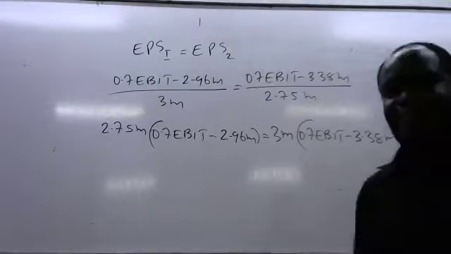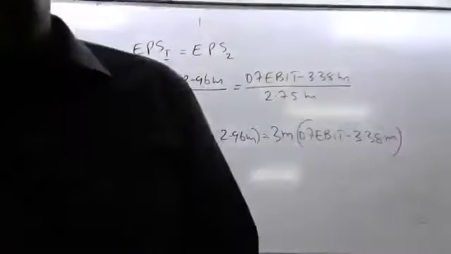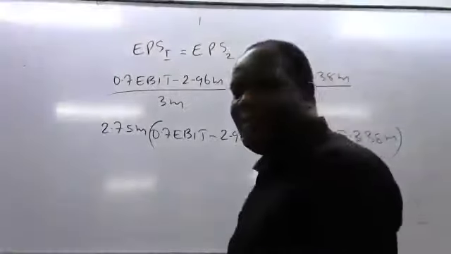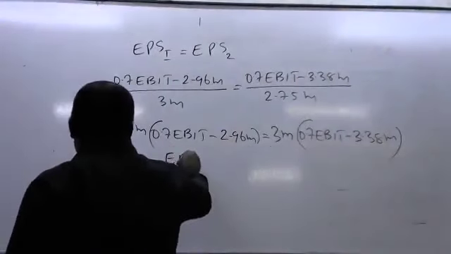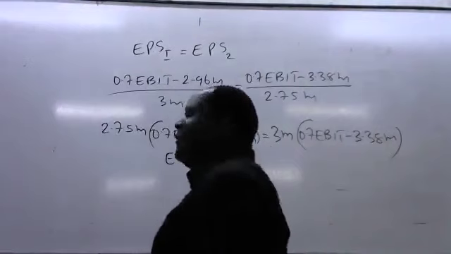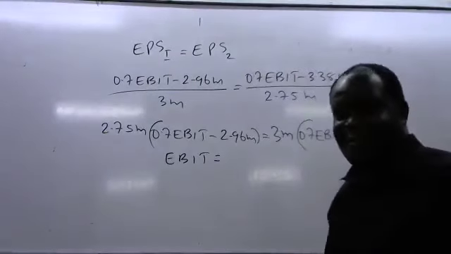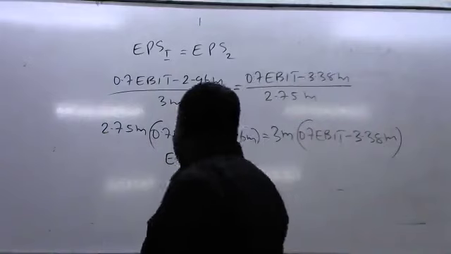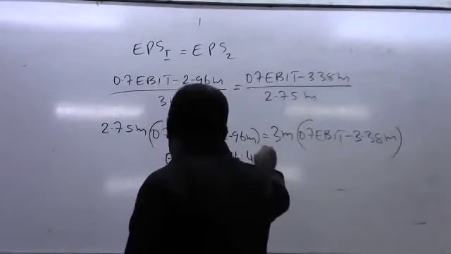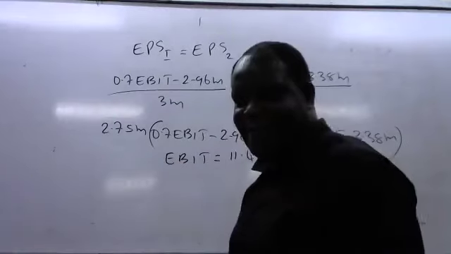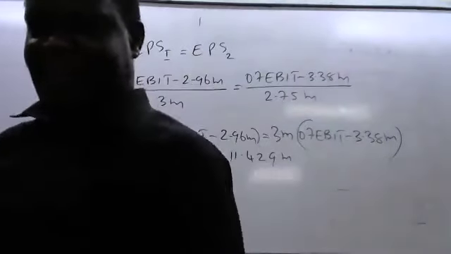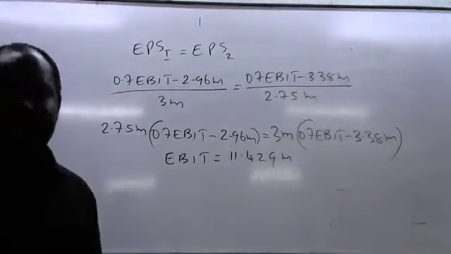So, what are we coming up with as earnings before interest and tax? 11.429. Yes, online I can see you are also getting the same figure.